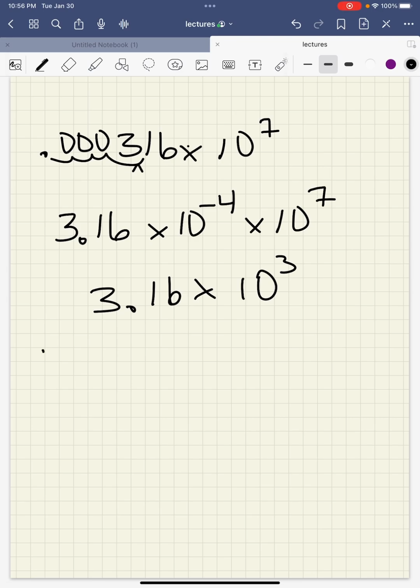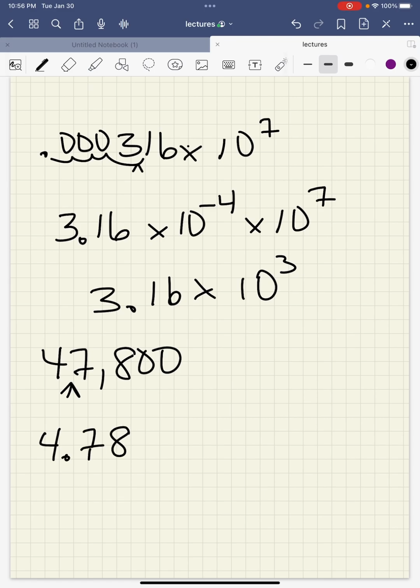Then the next one, 47,800. Write that in scientific notation. So remember the decimal goes right here, 4.78. Now, this number is bigger than 1. So the exponent is going to be positive. And this number didn't have a decimal to begin with.